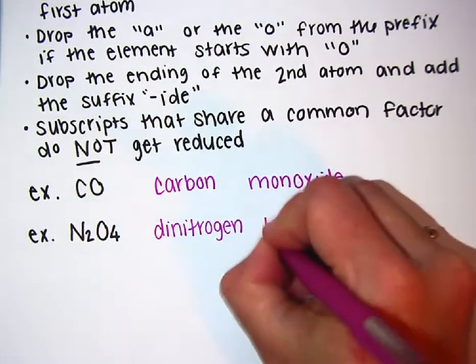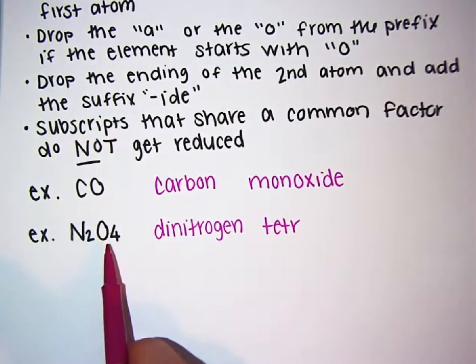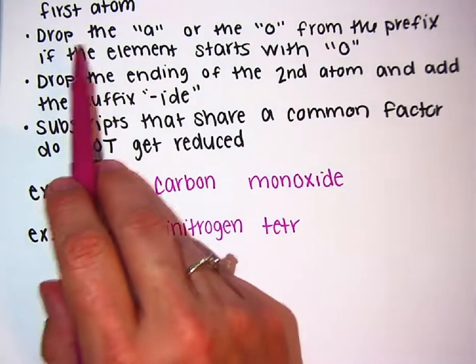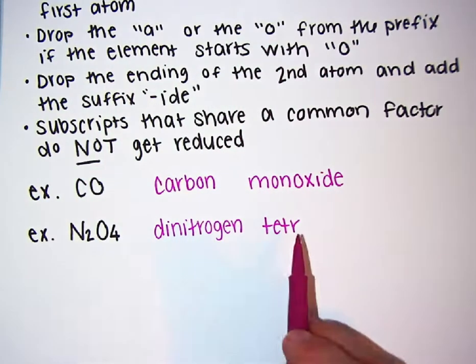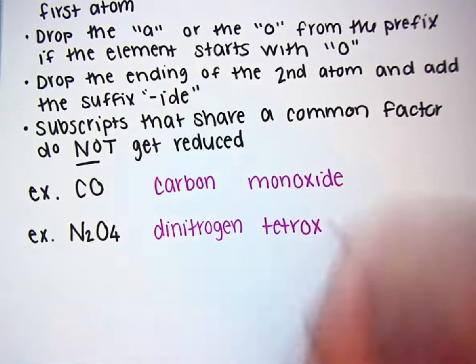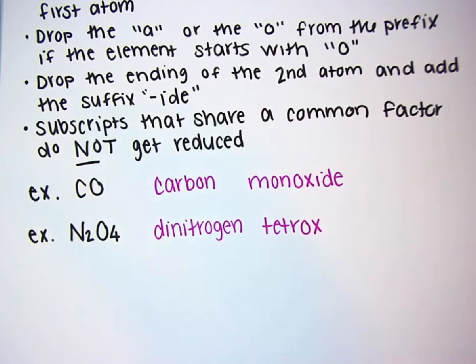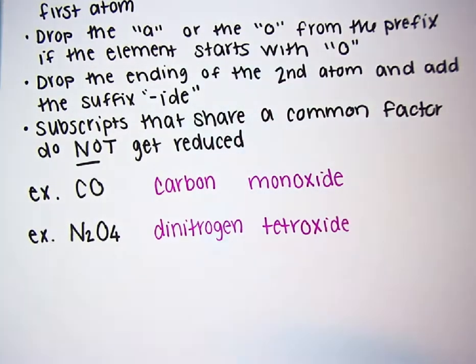My prefix for 4 is tetra. But again, oxygen starts with O. We need to drop the A or the O before oxygen. So I'm going to drop the A from tetra. For oxygen, drop the ending, drop the ygen, and add IDE. Dinitrogen tetroxide. Again, we drop the A from tetra. We don't want to say tetraoxide. We're going to avoid that double vowel.